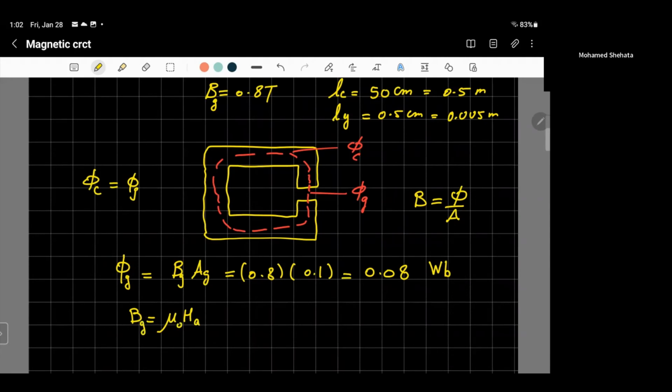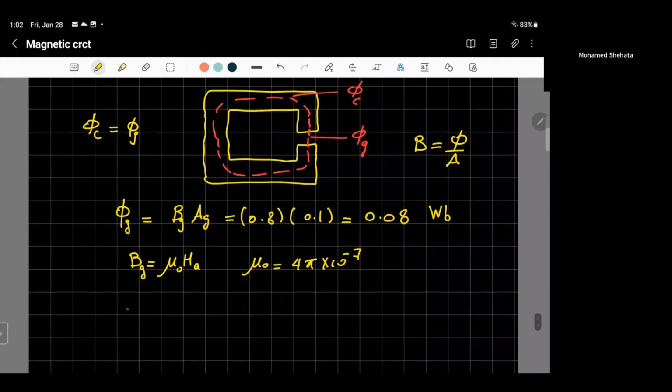Mu naught is a constant, equal to 4 pi times 10 to the minus 7. So yes, we can find H in the air gap, which you can call HG. It's equal to BG over mu naught. We have BG equal to 0.8, and mu naught equal to 4 pi times 10 to the negative 7. I get HG.